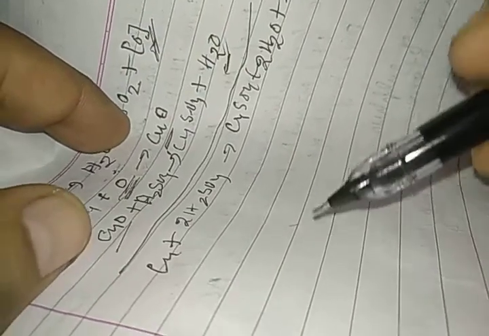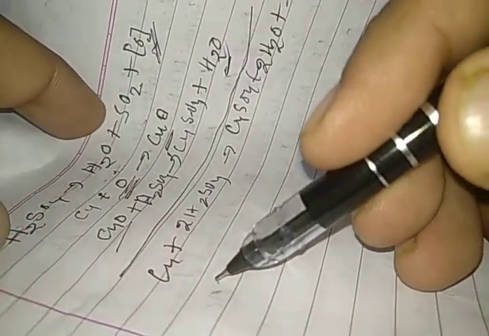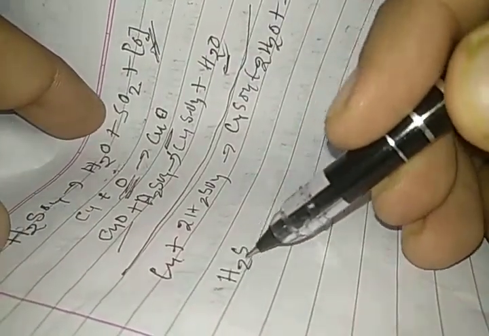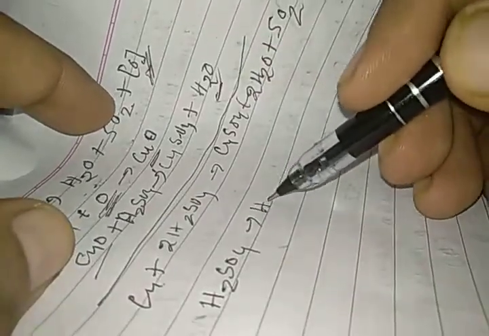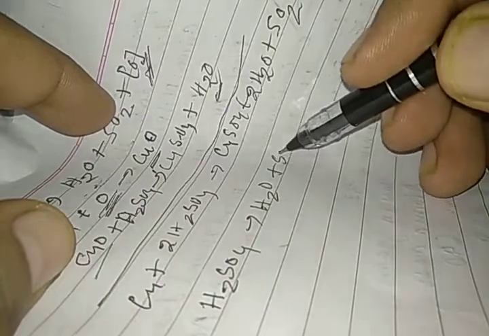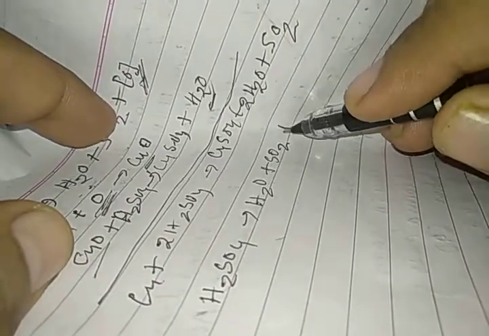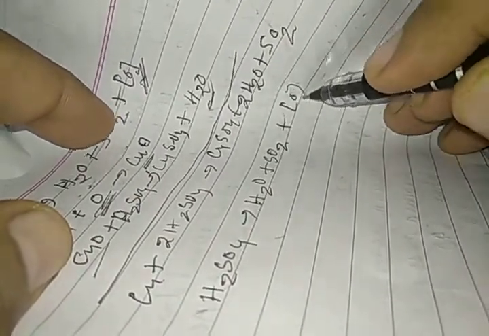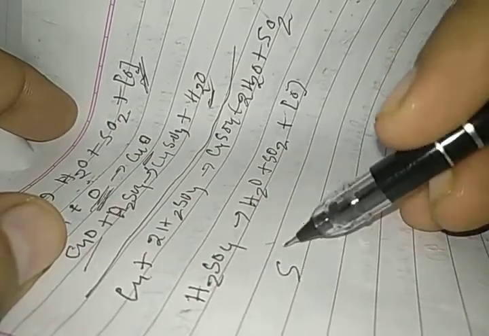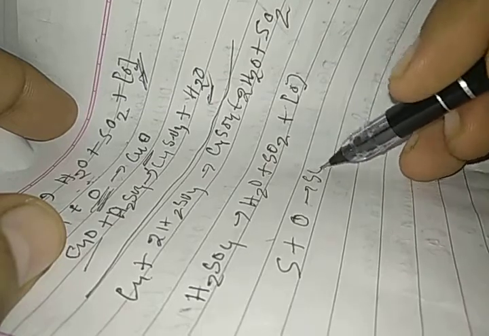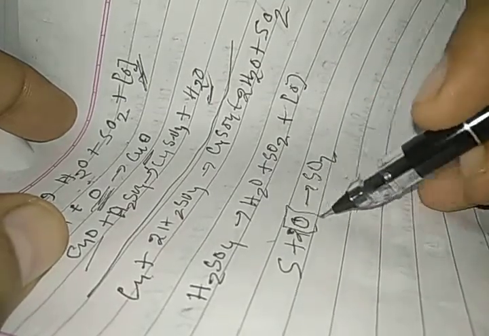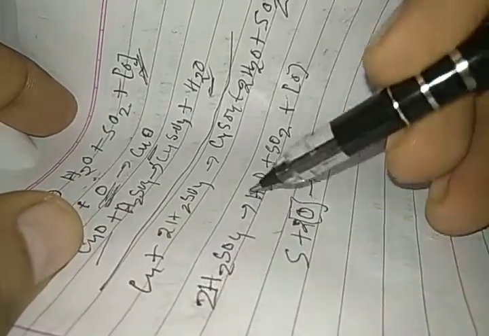Same thing we can do for carbon and sulfur. If you have H2SO4, you will have H2O, SO2 and nascent oxygen. Now sulfur is oxidized to SO2, so you need two nascent oxygen here. You need to multiply the whole equation by 2.